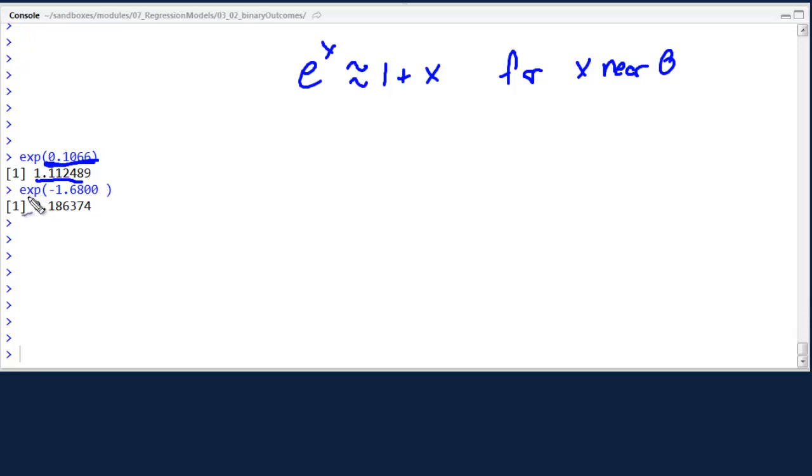Of course, this doesn't work so well for numbers that are not close to 0, like our intercept, which is negative 1. And you would like to interpret this as the odds of the Ravens winning when they score 0 points.